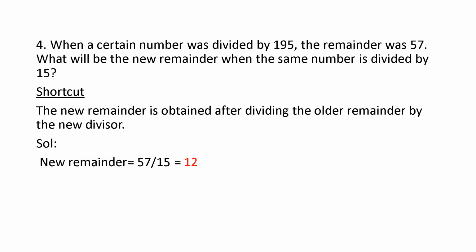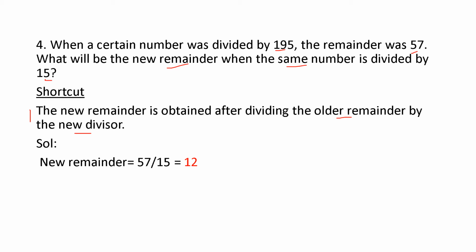Fourth question. When a certain number was divided by 195, the remainder was 57. When the same number is divided by 15, what is the new remainder? That is the answer you have to find. Here the shortcut is given: the new remainder is obtained after dividing the older remainder by the new divisor.